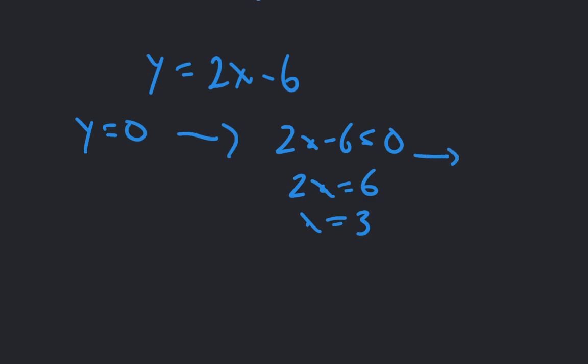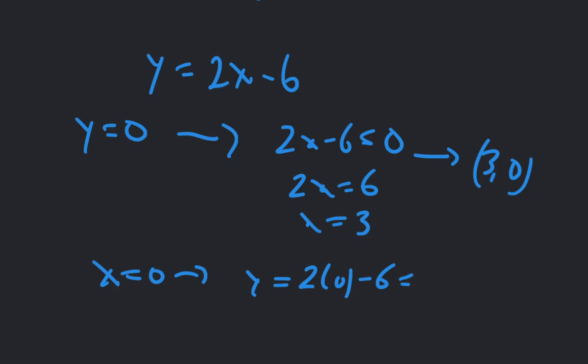And that gives us the point 3, 0. We could also set x is equal to 0, which gives us y is equal to 2 times 0 minus 6, or negative 6, which gives us the point 0, negative 6.